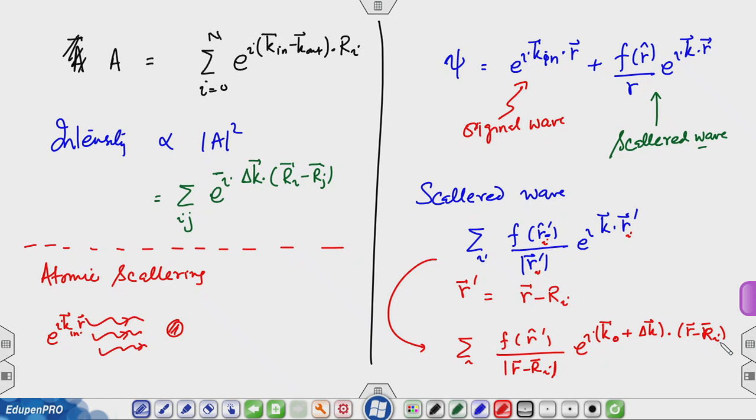I can take certain quantities out as phase and you end up getting a result the same as this, except there is this factor 1 over r.